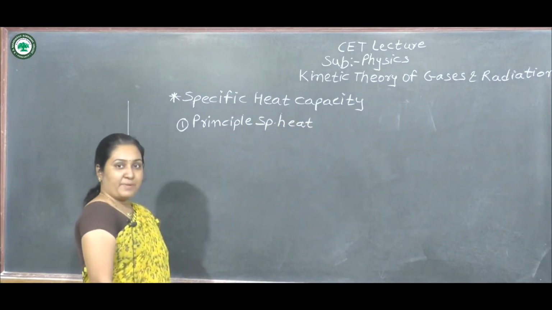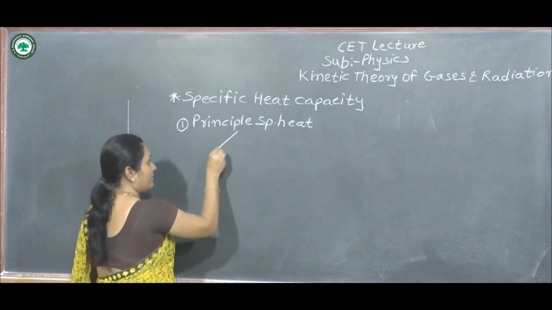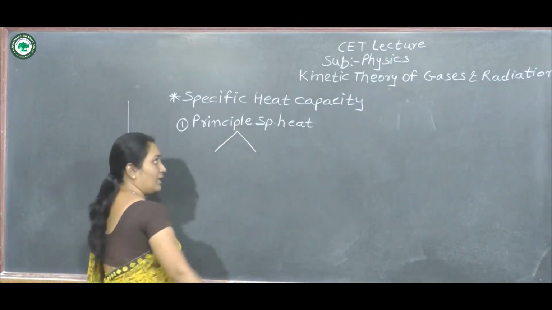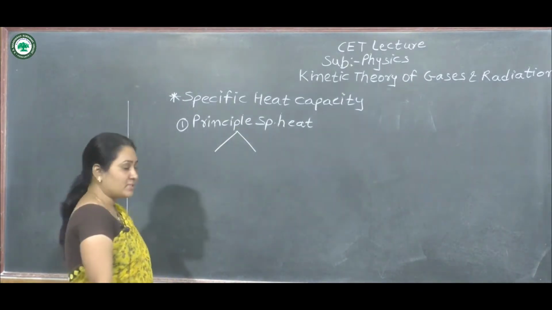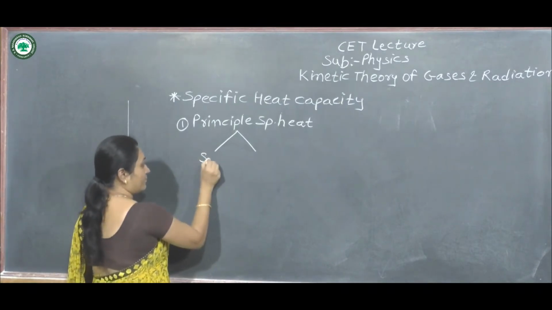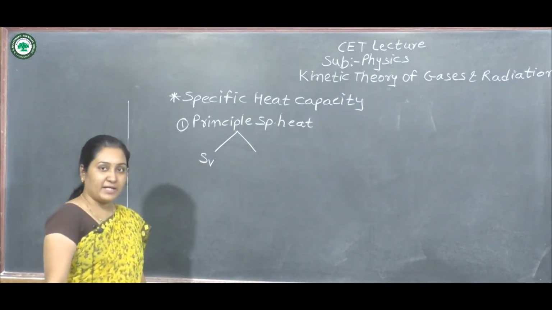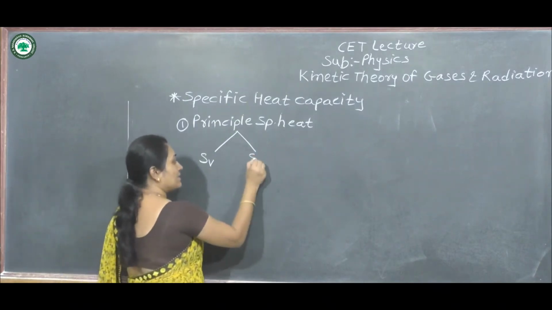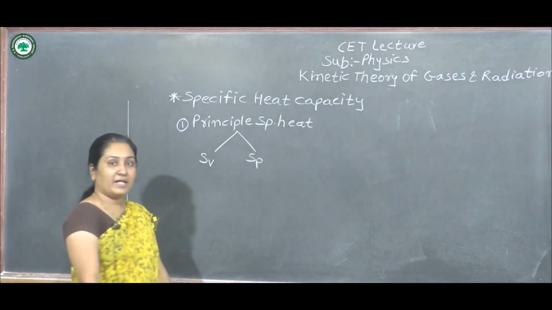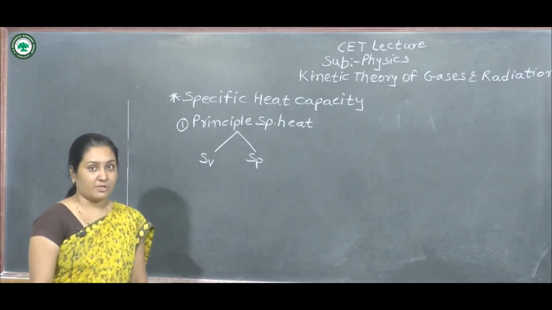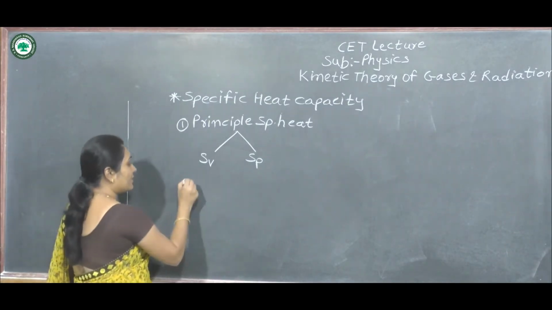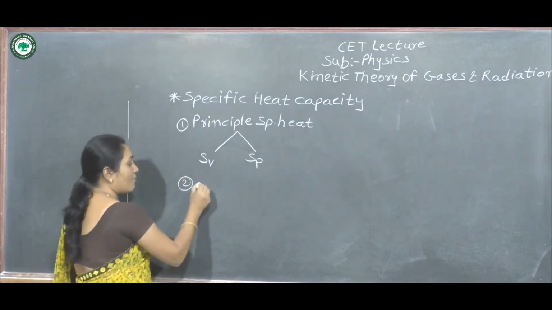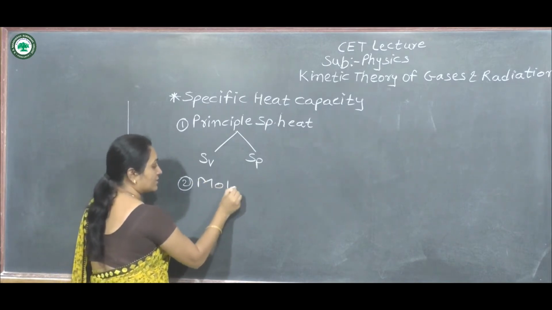In this principal specific heat, again there are two types. First is principal specific heat at constant volume, and second is principal specific heat at constant pressure. And the second type is molar specific heat.